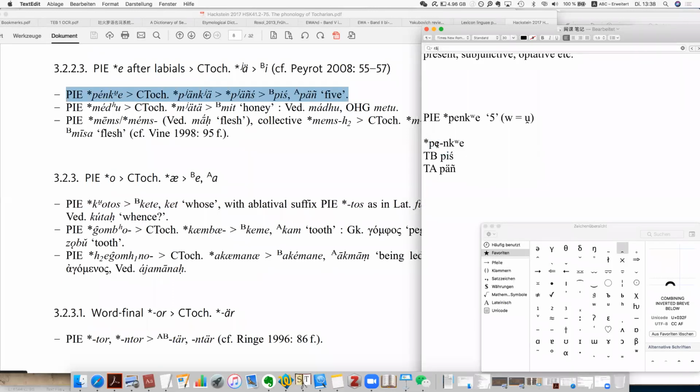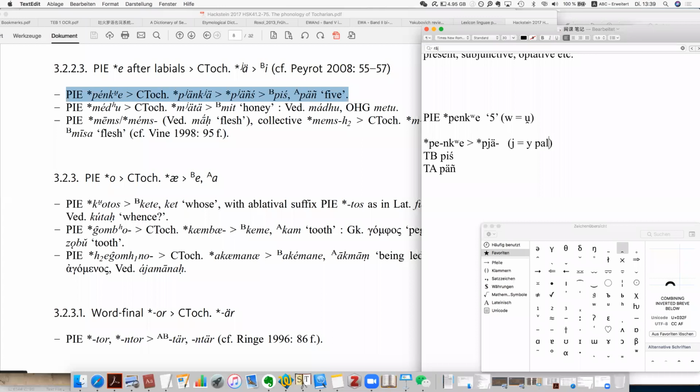Why? Because this a is a palatal vowel, so it will turn into a palatalized sound, like this. You can write it like this, but also you can write it like this. This is the same symbol for palatal.